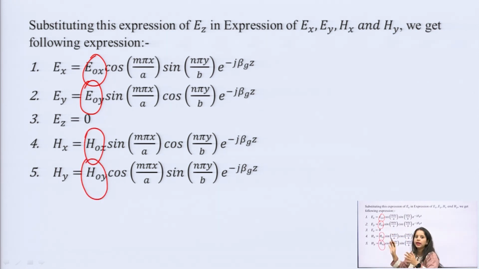We are able to get this expression of the electric field and magnetic field components of our rectangular waveguide. So, this is the 6th expression of the electric field and magnetic field components in the TE mode of a rectangular waveguide. Thank you very much for attending the lecture.